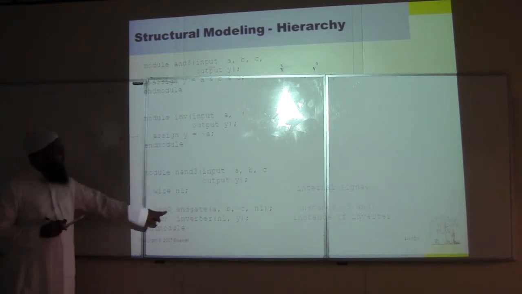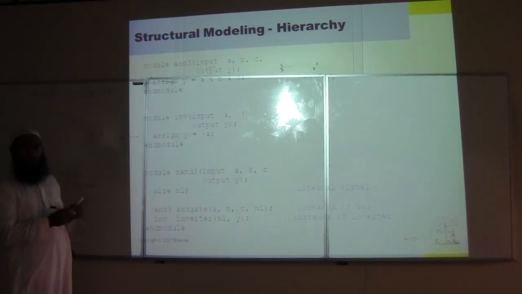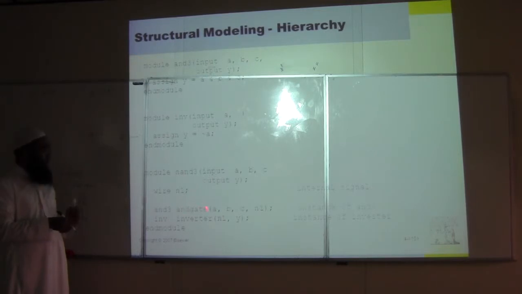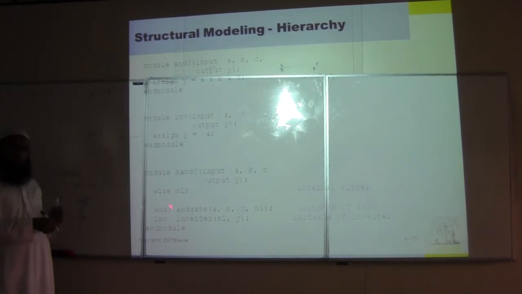Okay. So N3 means this module, first module, and name of the module here, name of the gate here, your gate of type N3. Okay, N gate, you give ABC, the input you get here ABC, and you need the output in N1. Why? Local output. Why don't I write Y? Yes, because Y I will change it here.